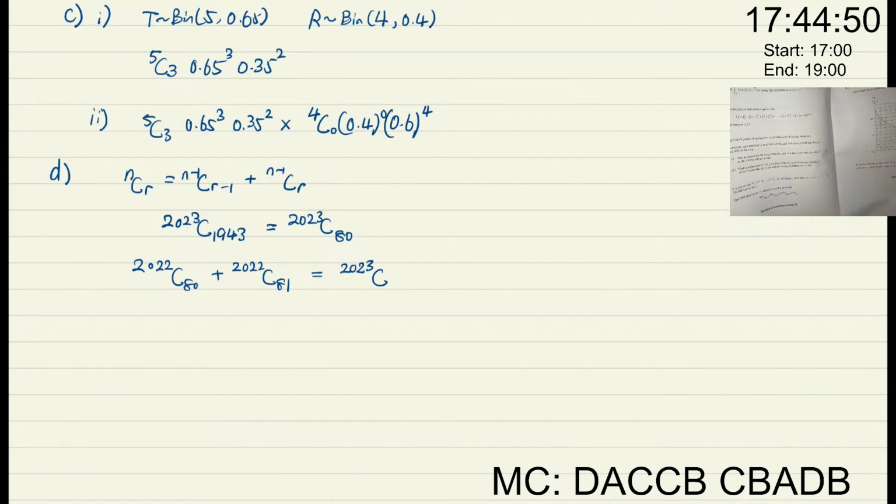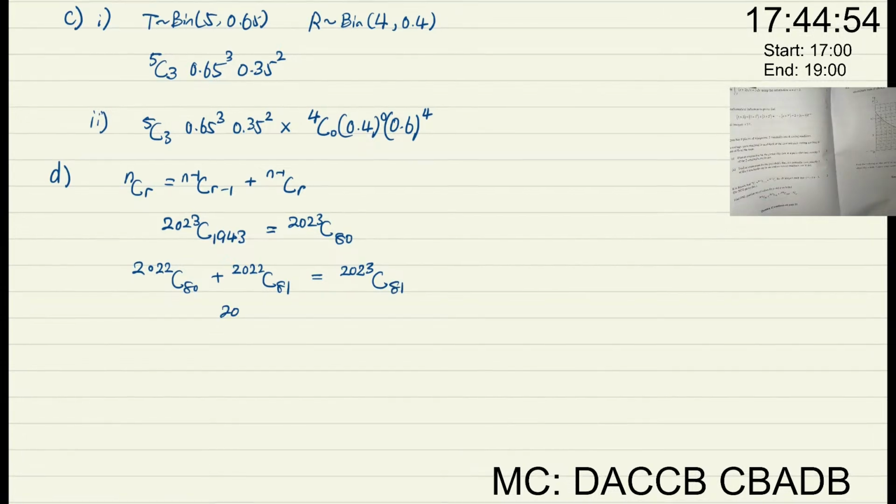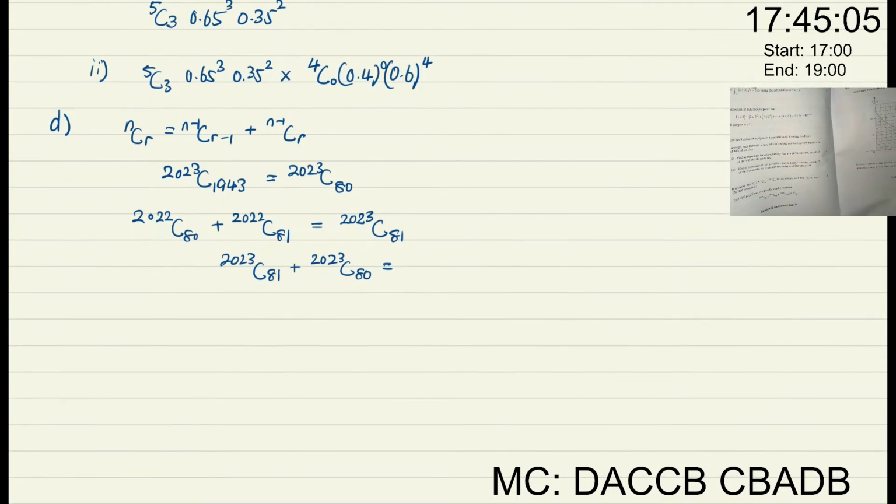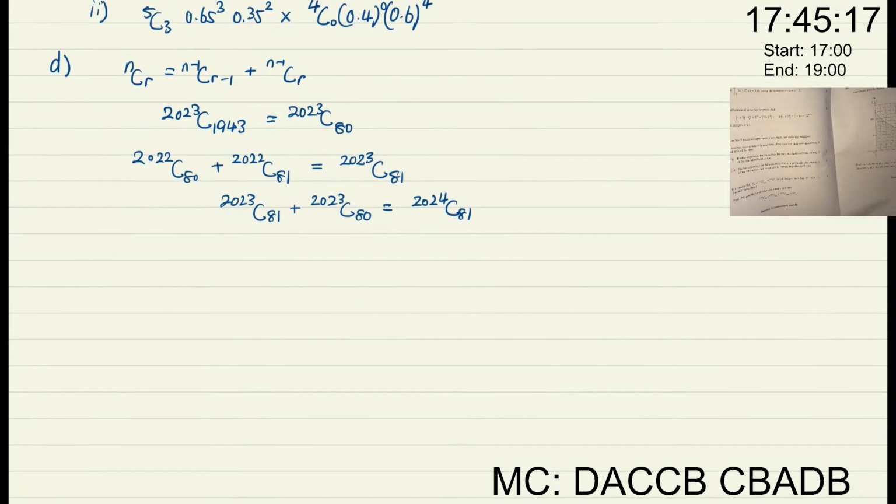In the bottom, we choose the larger of the two, so it's 81. Then we have 2023 C 81, the sum so far of the first 2 terms, plus 2023 C 80 on the other one. I can see why they said find one possible set, because you could also have done the complement and gone 1942 for the other two values. So you're going to get 2024 C 81, and that will be adequate for D.